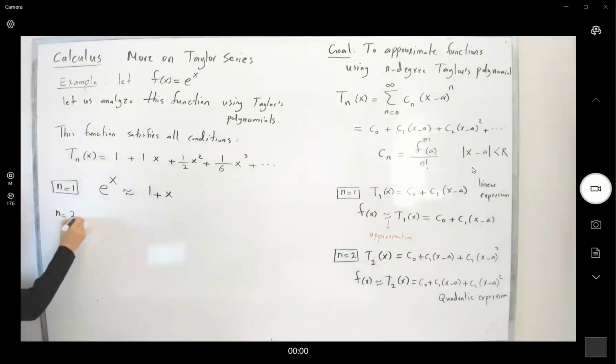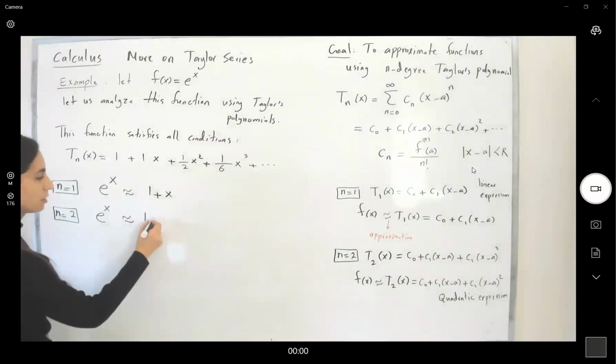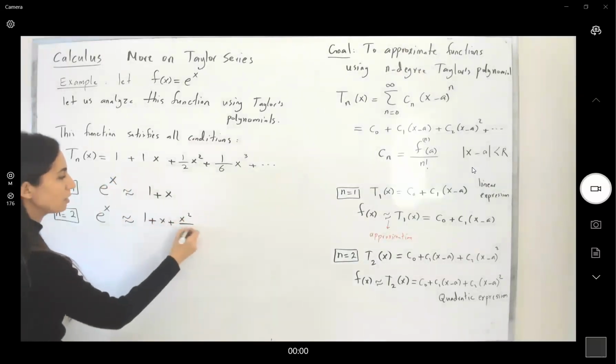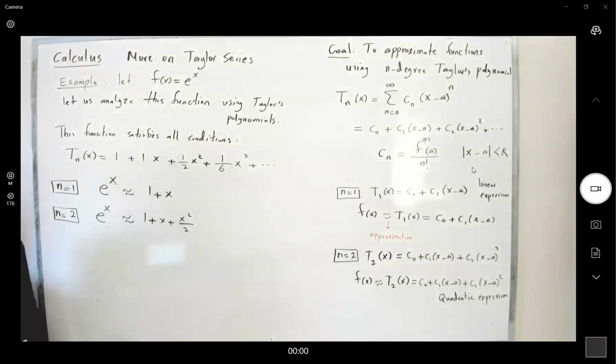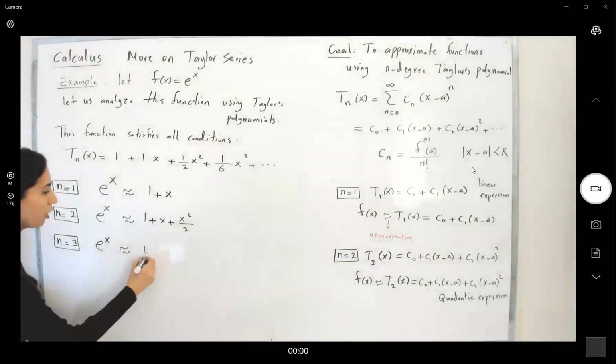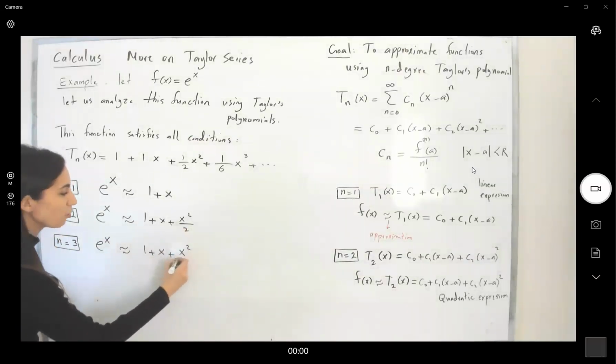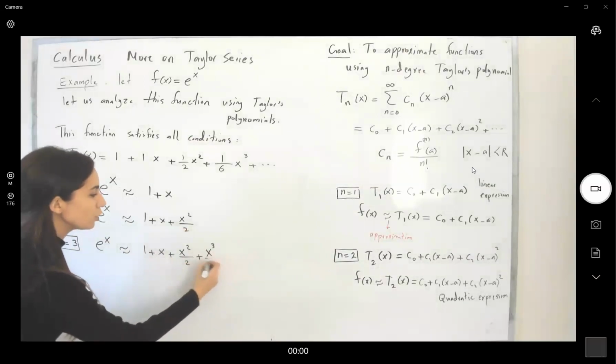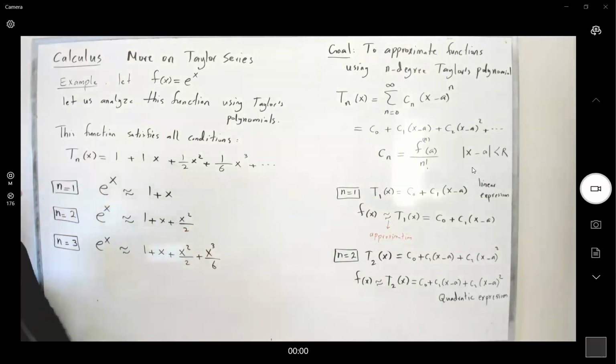If n is equal to 2, e to the x can be approximated by 1 plus x plus x squared divided by 2, a quadratic polynomial. If n is equal to 3, e to the x can be approximated by 1 plus x plus x squared over 2 plus x cubed over 6, a polynomial of degree 3, and so on.